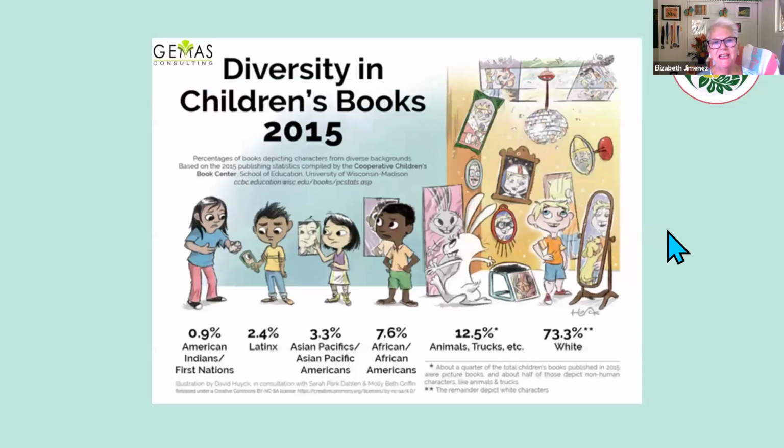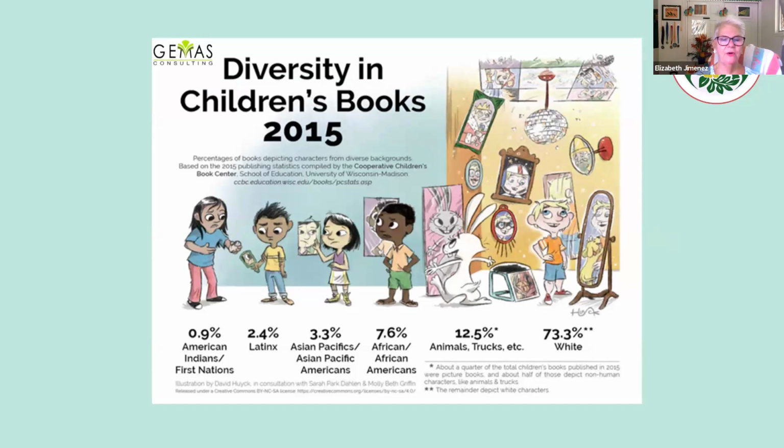So a couple of years later, in 2015, the numbers have changed. The white category is now 73.3%. Oh, good. So the other categories are all going to grow, right? There's a new category here. 12.5%, which is the next biggest category, is about animals, trucks, inanimate objects.